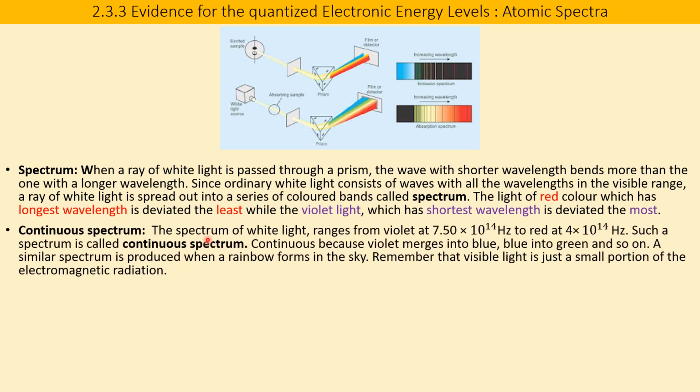The spectrum of white light, which ranges from violet at 7.5 × 10^14 Hertz to red at 4 × 10^14 Hertz, is an example of a continuous spectrum.